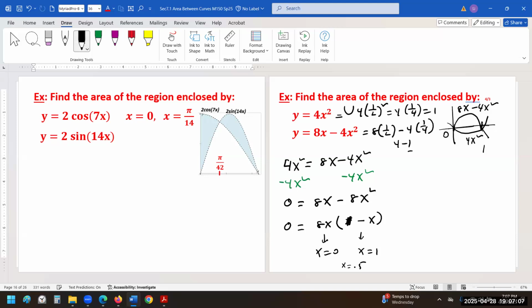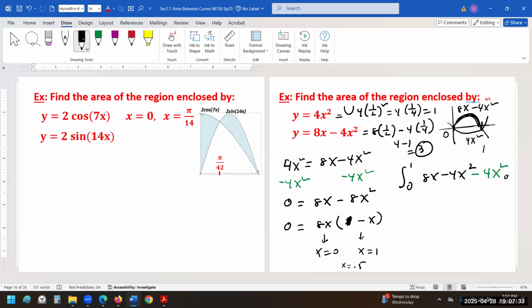So we get 4 minus 1, 3. Obviously, the second one is bigger, as I told you before. So if you do use a graph, make sure you show me your graph. So we have the antiderivative from 0 to 1 of the upper function 8x minus 4x squared, and we are subtracting the lower function, which is 4x squared.